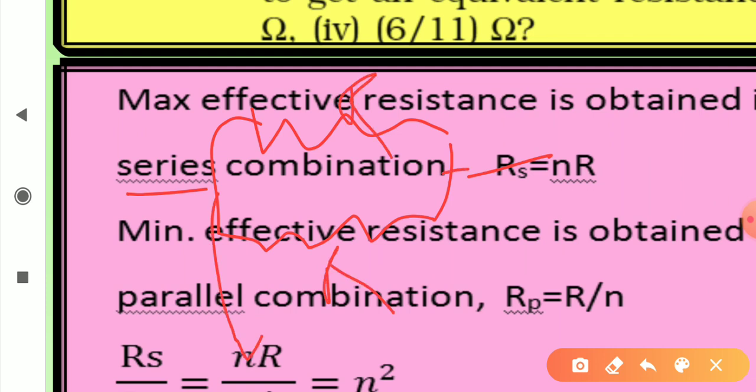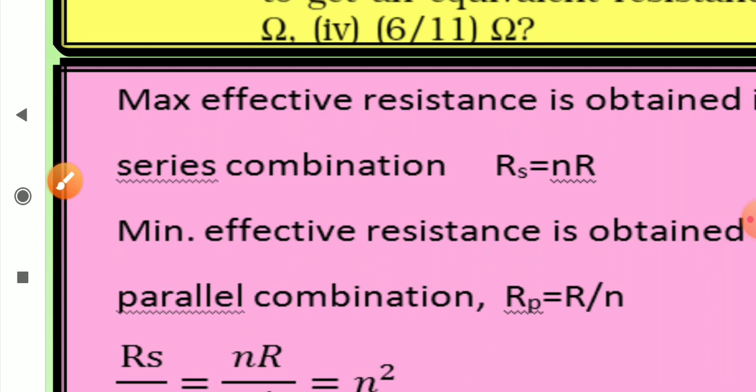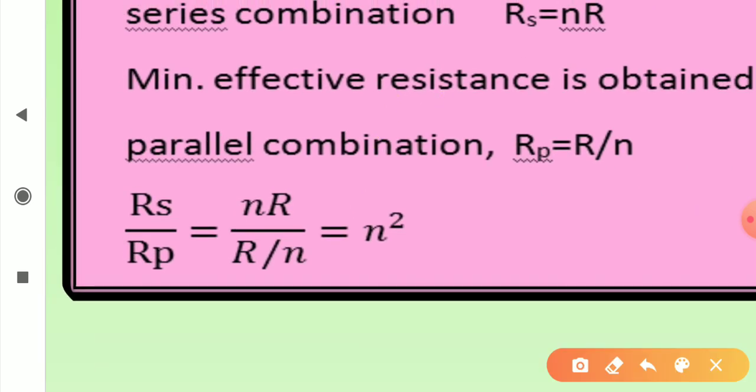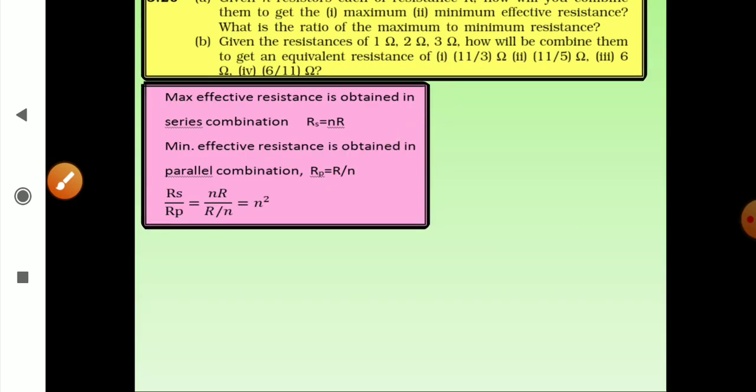Connecting 3 becomes R by 3. Connecting n, it will become R by n. Okay, now what they are asking is the ratio. So sum in series upon sum in parallel, nR upon R by n, and this R and R cancel out, you get n square. So that is the answer for the first part.